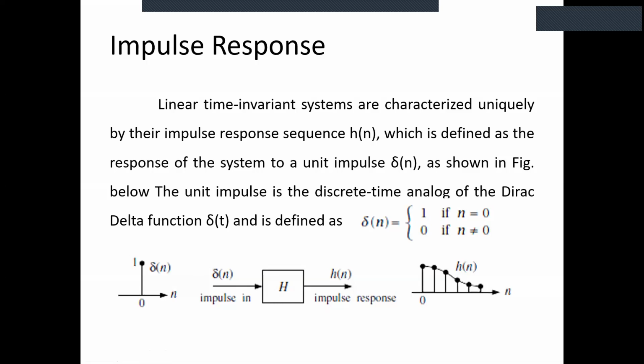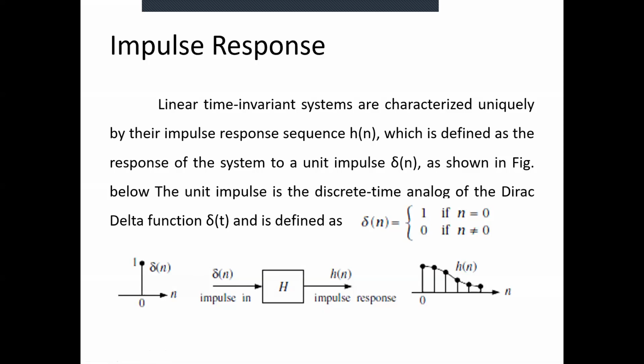This is a very important note, okay? For example, you have an equation: y of n equals x of n plus 2x of n minus 1 plus 3x of n minus 2 plus 0.5x of n minus 3, and so on, okay? So we have y, which is the output, and the input is x.